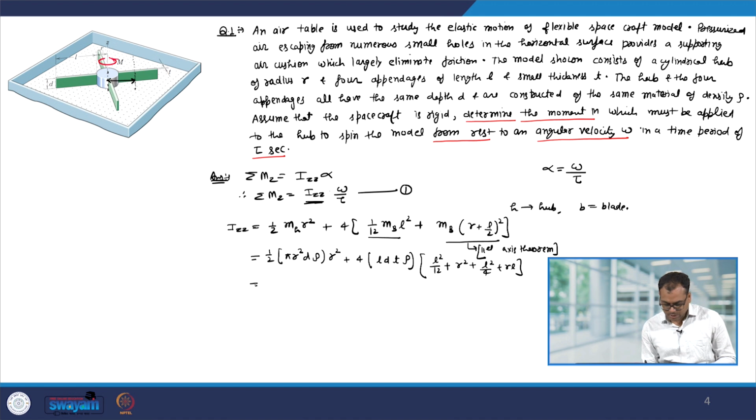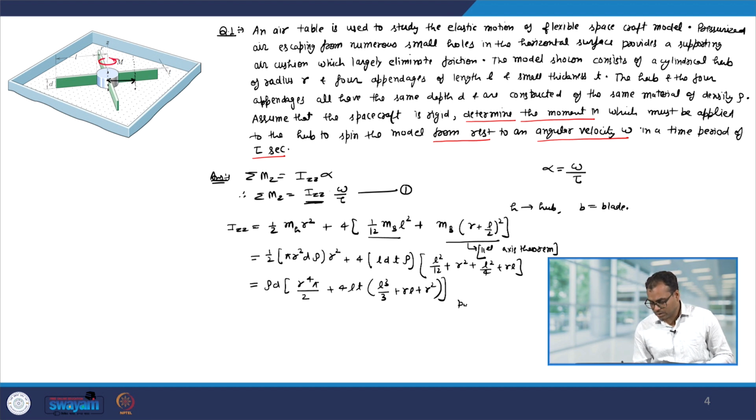Okay. So, this can be written as rho into d, we have r to the power 4 pi divided by 2 plus 4 L T, L to the power 3 divided by 3 plus r L plus r square. Okay. So, this is the moment of inertia about the z axis.